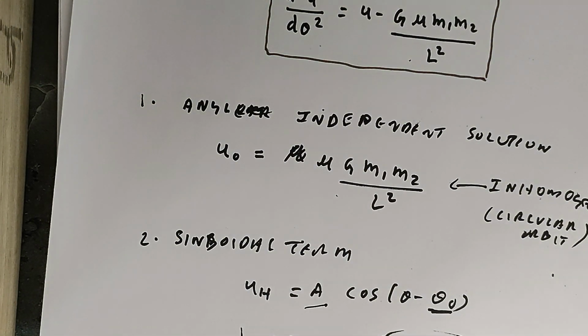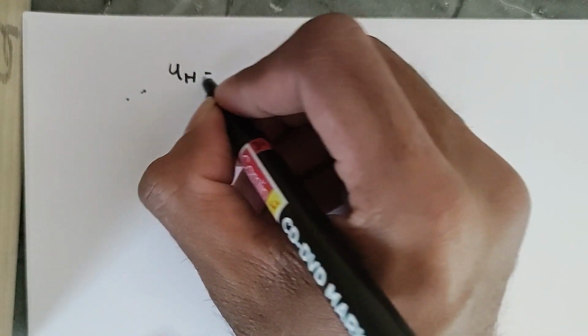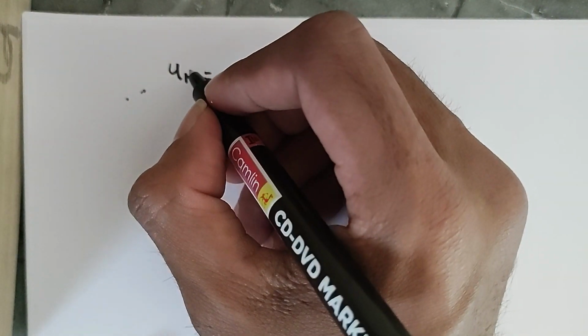If not, wait for it, because we are currently going to study the orbit, so it's kind of interesting. As I told you, it's a second order inhomogeneous differential equation. That means the general solution consists of two parts.